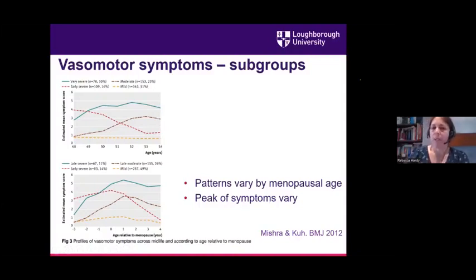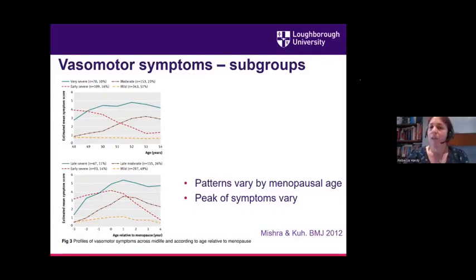What's more informative is to look at it by what we might term menopausal age. So here, the 0 is when somebody is defined as being menopausal. Prior to that is the perimenopausal period, and then this is the postmenopausal period in years. Ideally, we'd like to have more years than this, but this was all that was available, even in the 46 cohort, which, as I say, is quite unique at collecting these symptoms across menopause.